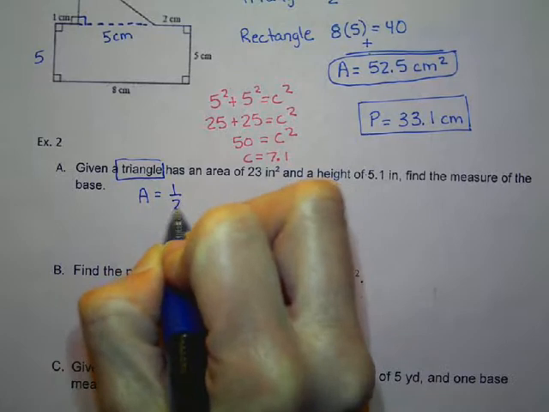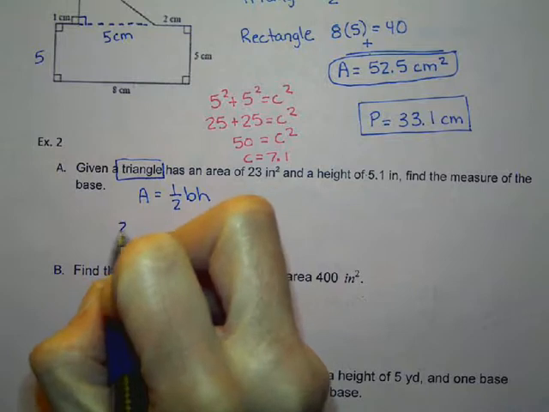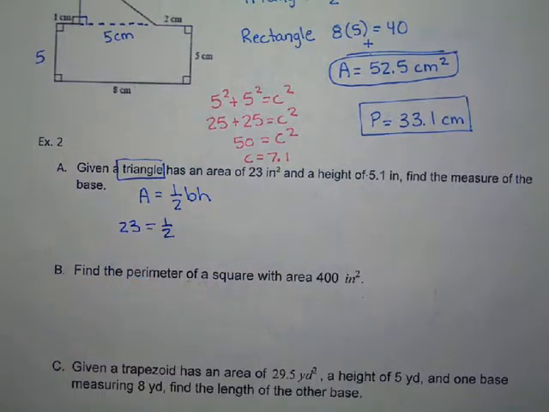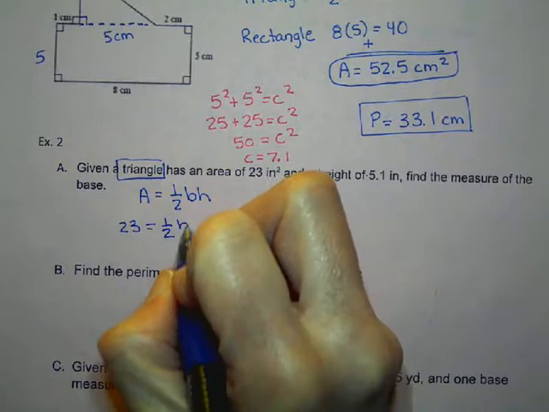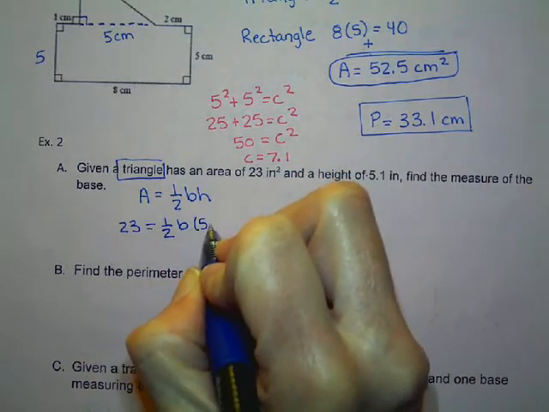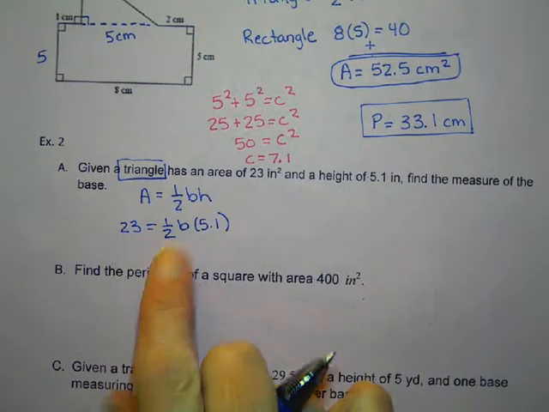They told us the area is 23, so that replaces your A. We don't know the base, so I'm just going to write B. But we do know the height is times 5.1. So, you can do this a couple different ways. To get rid of the half, you could times 2 to the other side, or you could just take half of 5.1.